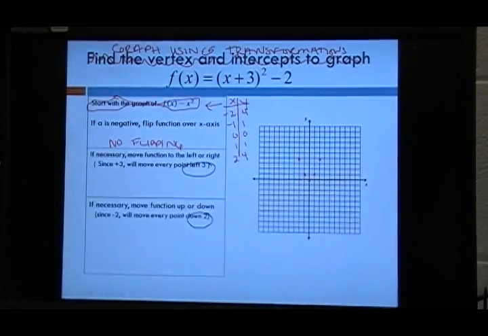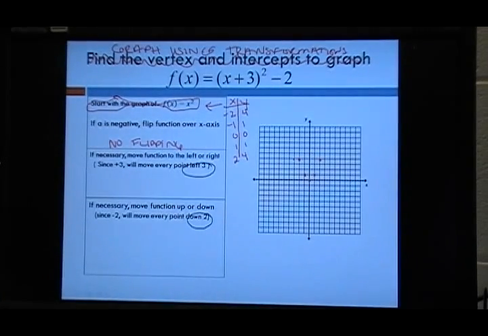So that point, when I go left 1, 2, 3, and down 2, that point will move here. Okay? Take this point, move it left 3, 1, 2, 3, down 2, it is now here. Okay? Left 3, 1, 2, 3, down 2, this point is here.